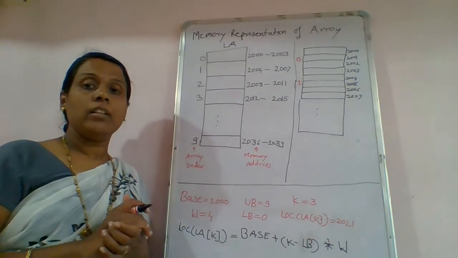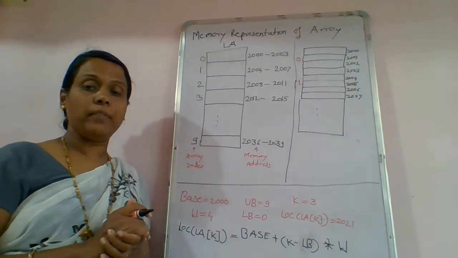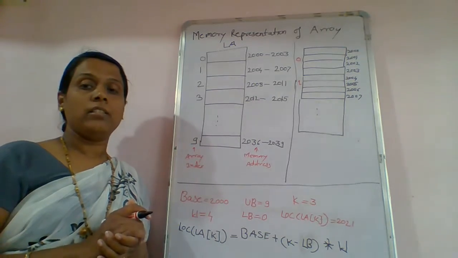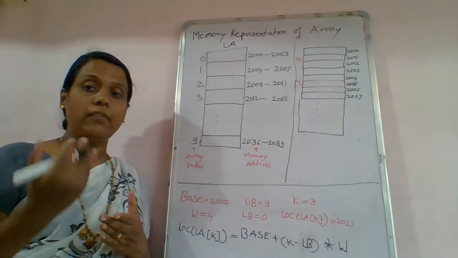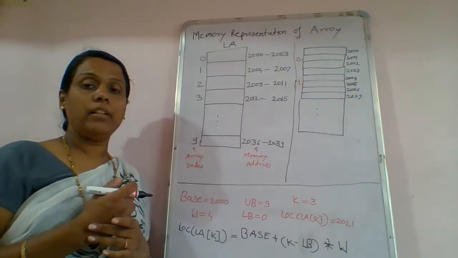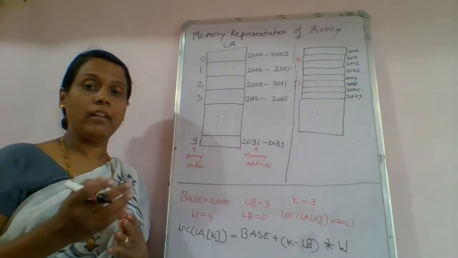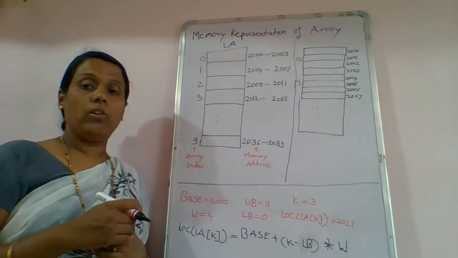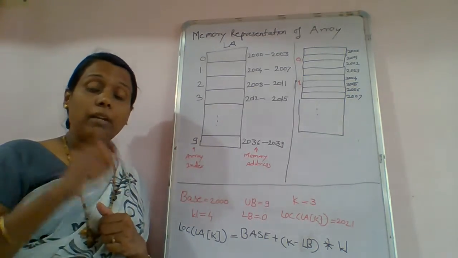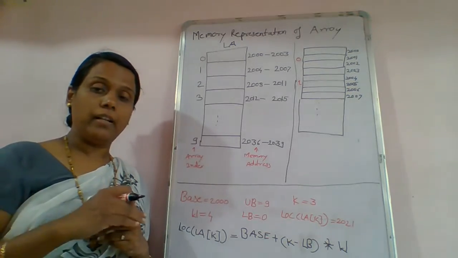For example, if you are storing a float, it requires 4 bytes. If you are using a double, it requires 8 bytes. If it is a char, then 1 byte. Like that, it depends on the data type.